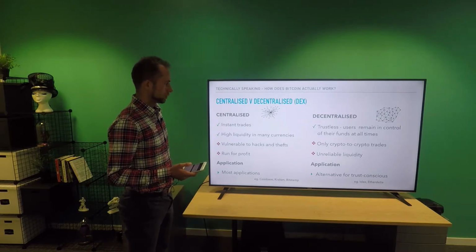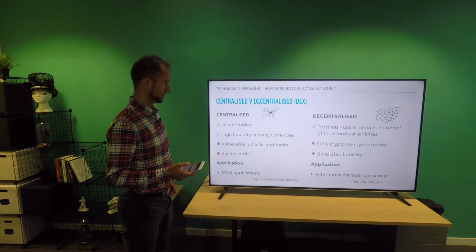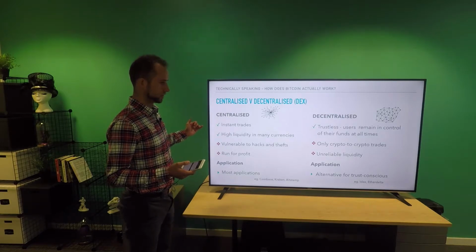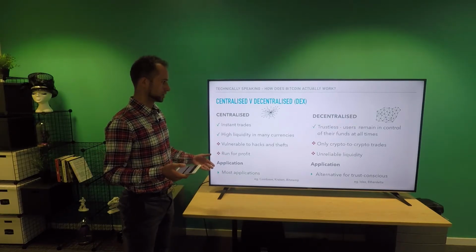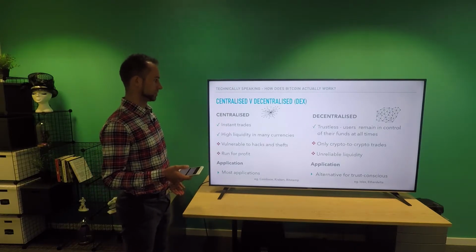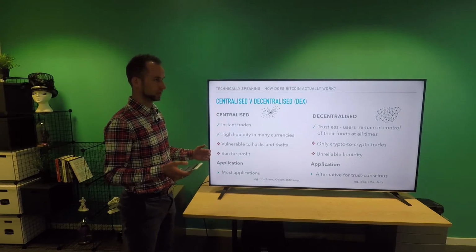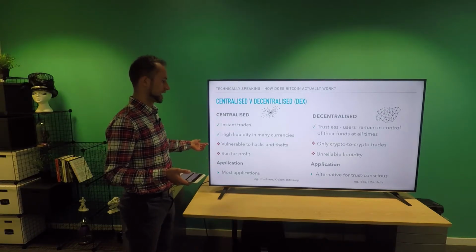We can also choose between centralized and decentralized cryptocurrency exchanges. Centralized are exchanges which hold the money for you when you are trading. So they are the trusted third party. You need to trust them in order to trade. And because they pool a lot of fiat currency and cryptocurrency, they become targets for hacks and thefts.